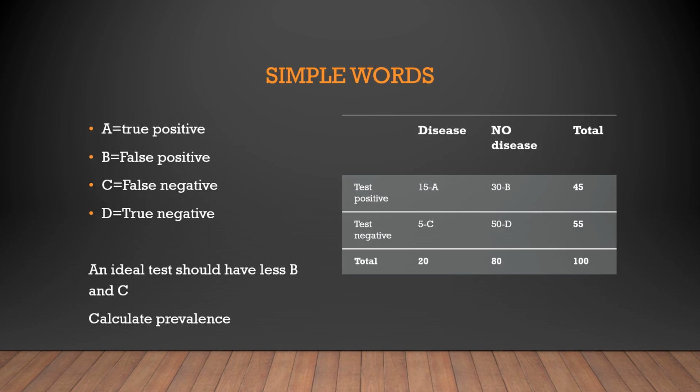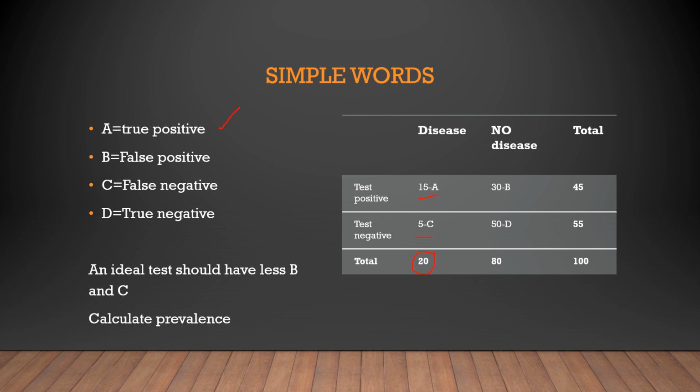Clear? So to further qualify each and every category, among a total of 20 people who have the disease, only 15 are testing positive. So they are true positives, meaning this test is telling us they have the disease and they actually have the disease. 5 are testing negative despite having the disease.